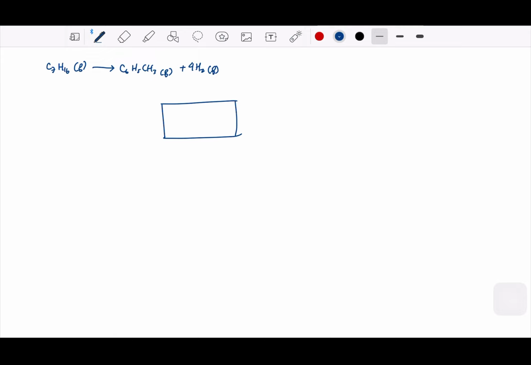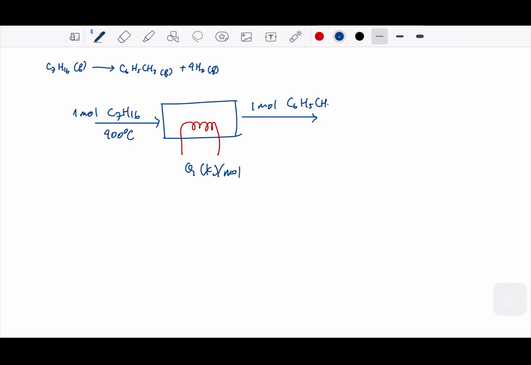Let's say we have this coil to see that we have the heat, and the flowchart begins with the heptane that goes in, taking the basis of 1 mole, and then the product will be also 1 mole of the toluene and 4 moles of the hydrogen, and it's the same temperature, isothermal.